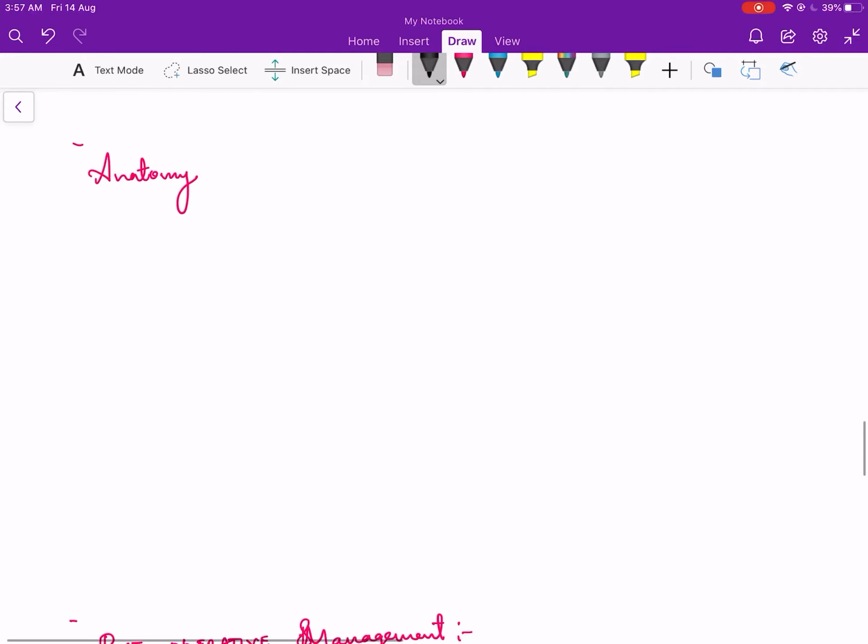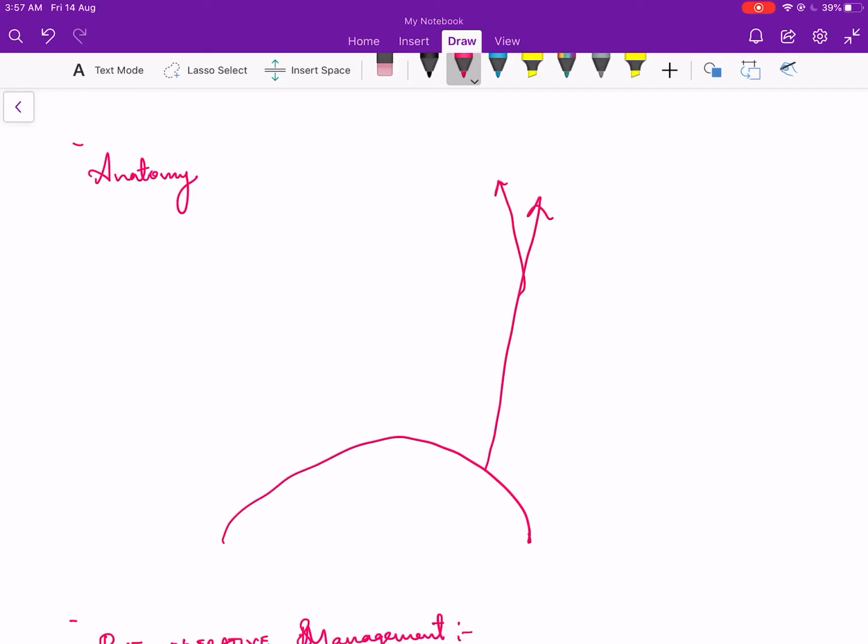So what is the anatomy? This is the arch of aorta. The left common carotid artery directly arises from the arch of aorta and bifurcates into the left internal carotid artery and left external carotid artery.